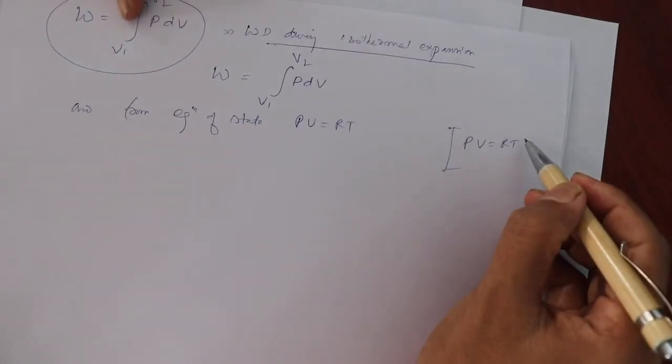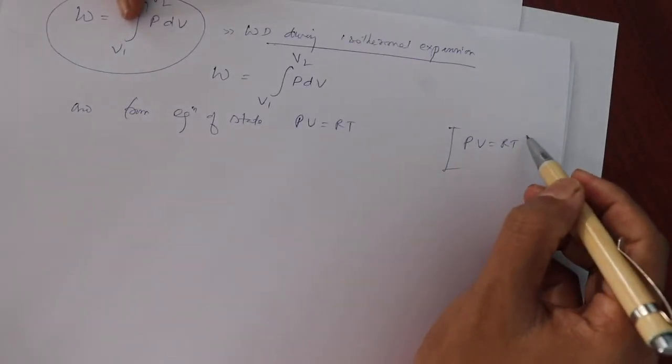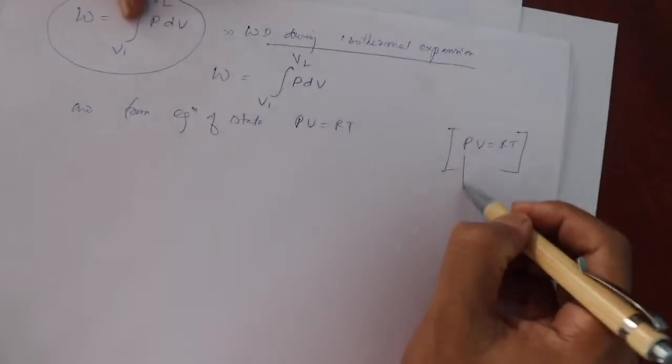This ideal gas equation, or the equation of state, simply connects pressure, volume and temperature of a gas, where R is a constant known as the gas constant.